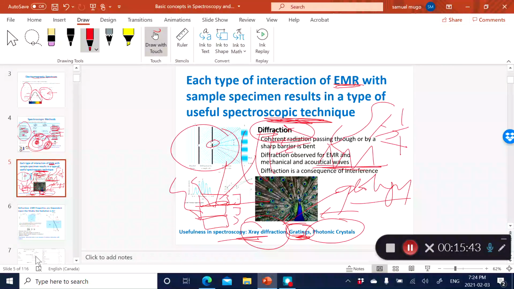And a photonic crystal is not very different, really, from a crystal lattice, where you've got the layers of the feathers of this bird, and they are layered in a very, very specific way, such that light penetrates those layers, and at the interfaces, you get light diffracting.